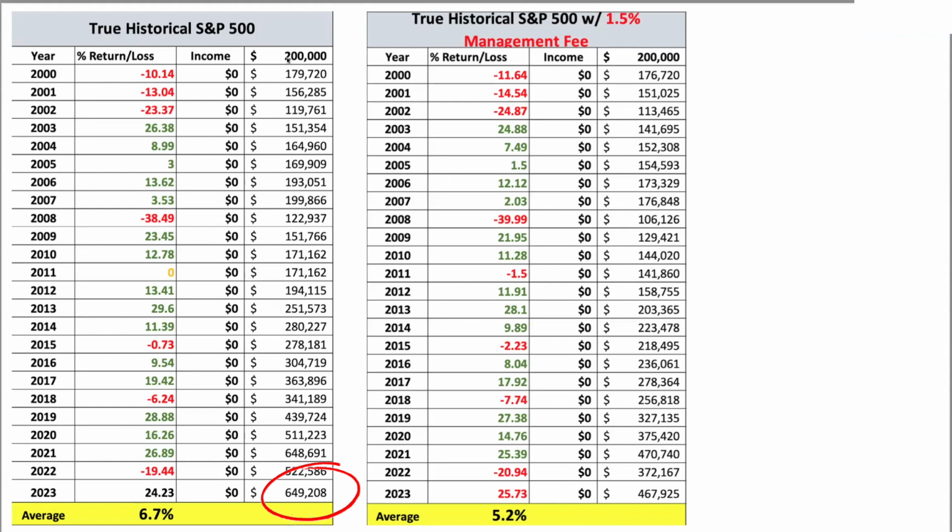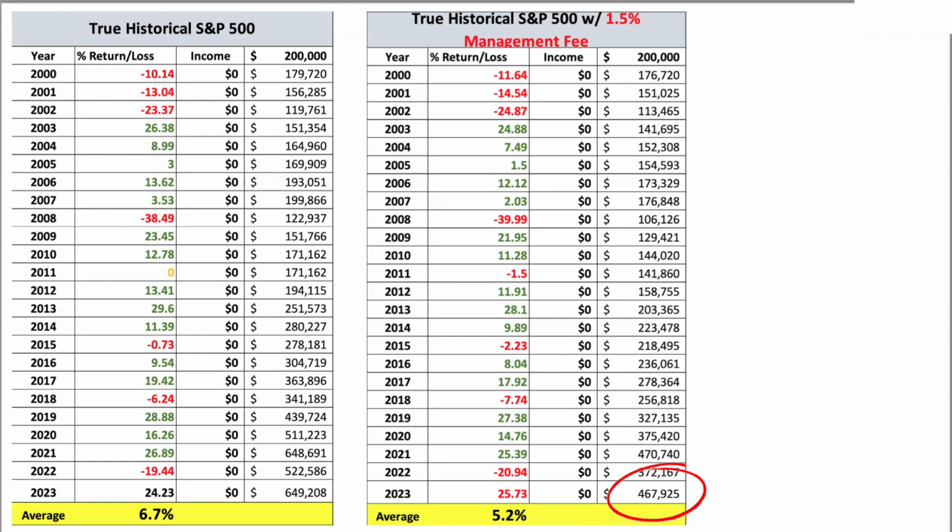So look what happens when your 200K grows to 649, but we add in that little tiny 1.5% fee for every year that it's managed. It only reaches 467,000. Oftentimes I'll hear someone say, well, my financial advisor is a family friend. I've known him since grade school, right? And I'm thinking, man, that's an expensive friend.